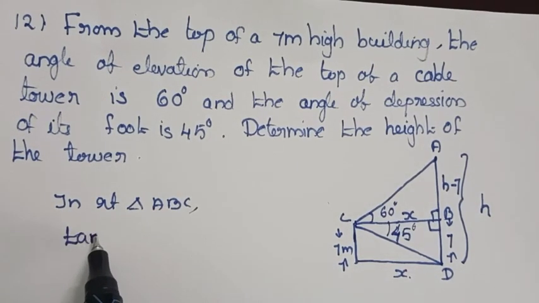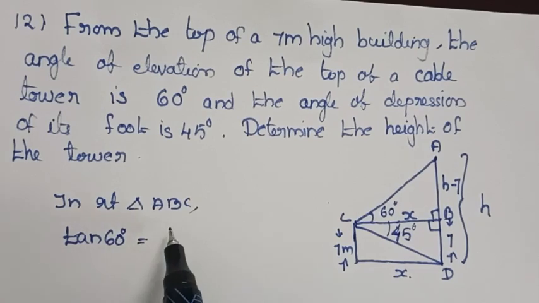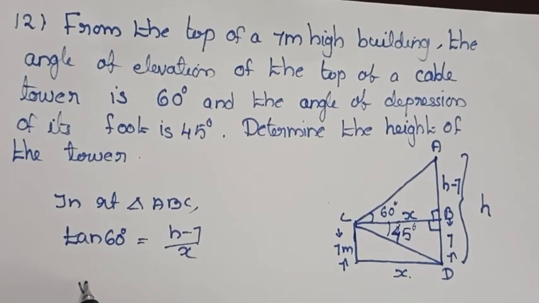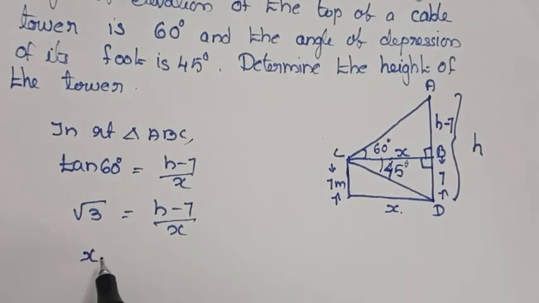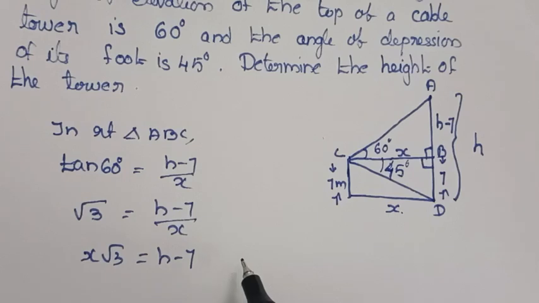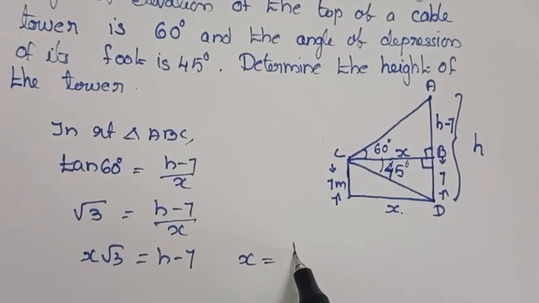Tan 60 equal to root 3. Root 3 equal to h minus 7 by x. Cross multiplying, we get x root 3 equal to h minus 7, or x equal to h minus 7 divided by root 3. Number this equation as 1.